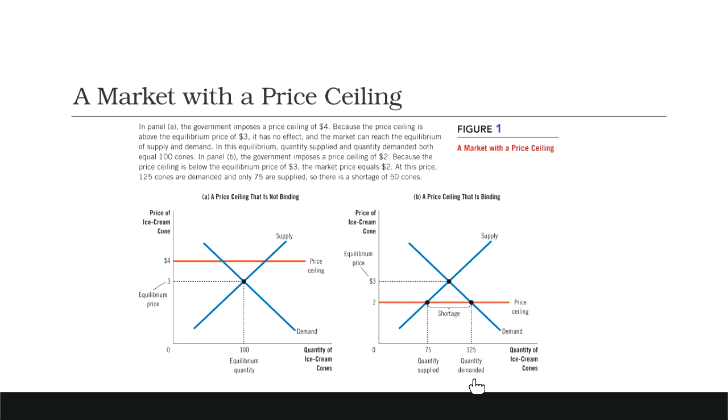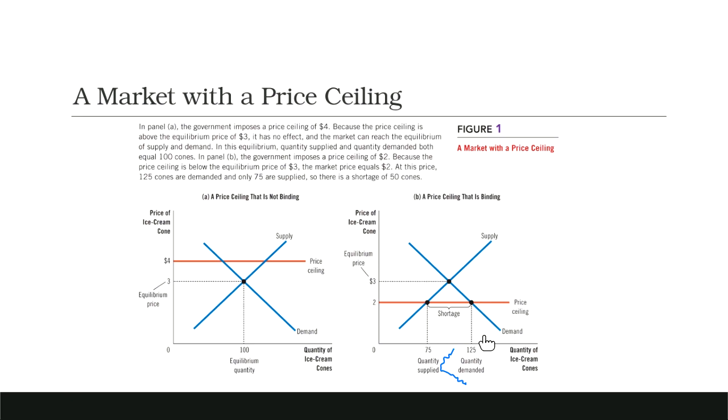Since quantity demanded here is greater than quantity supplied, so let me see if I can draw a little drawing here that doesn't look absolutely hideous. Since quantity demanded is greater than quantity supplied, this is what we call the shortage. And you can see right here that we have this mark, the shortage. Now, real quick, if I asked you to calculate the shortage, it's a real easy calculation.